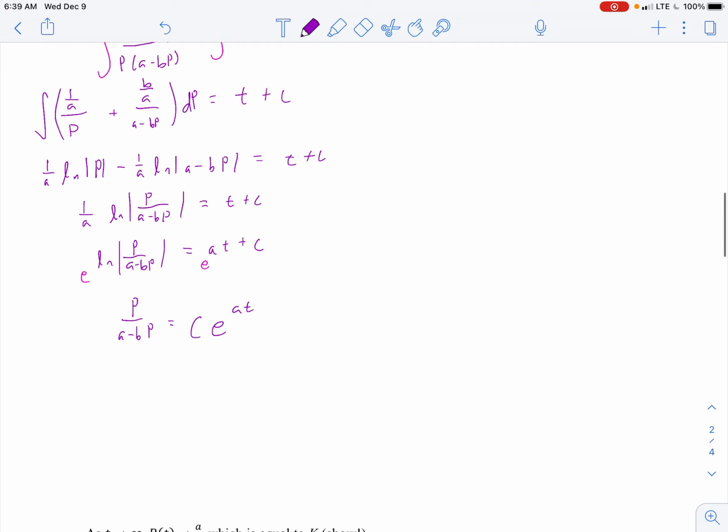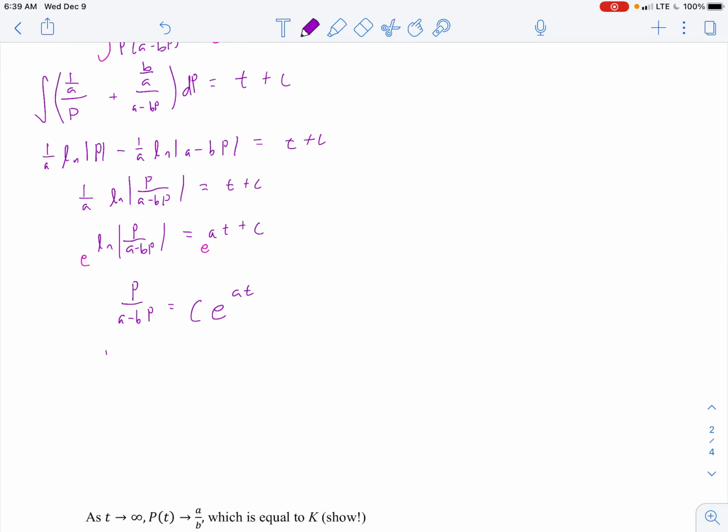So I'm going to multiply a minus bp to both sides. So p is equal to a minus bp times c e to the at. p is equal to a c e to the at minus b p c e to the at.